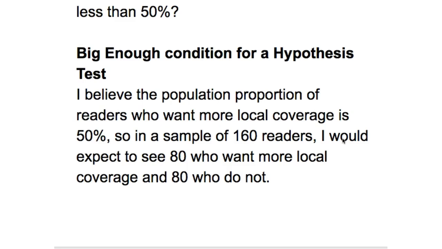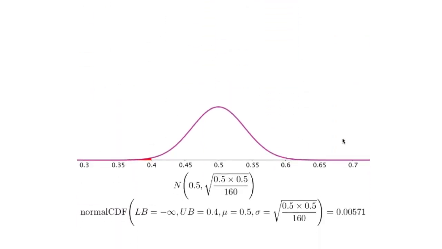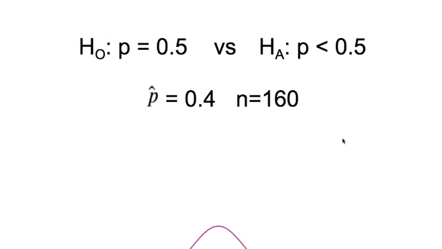If we're going to use a normal model, what is that normal model? Down here at the bottom of the page, here are my hypotheses. The null hypothesis is population proportion equals 0.5. The alternate is that the population proportion is less than 0.5.